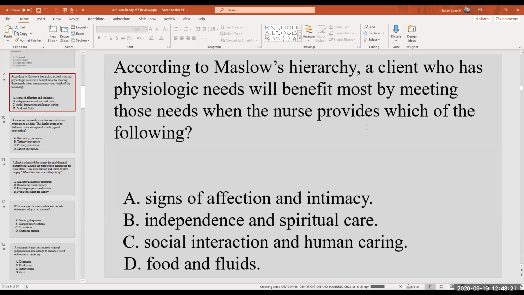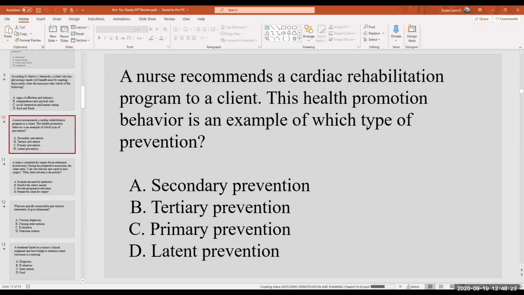It's also how you're going to prioritize your needs. So when your care plan says which one of these has the highest priority for the nursing diagnosis, you rate your nursing diagnoses by high, medium, and low. So a high or priority nursing diagnosis is going to be something that's going to affect the wellness of that patient.